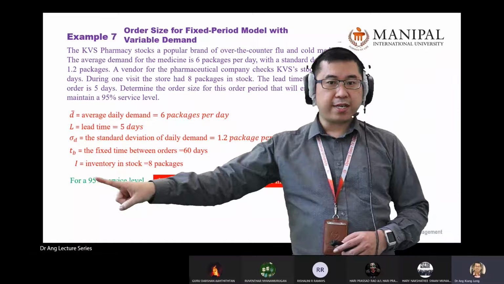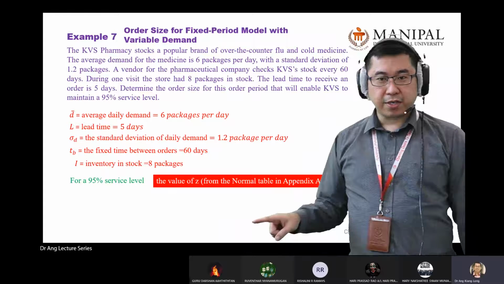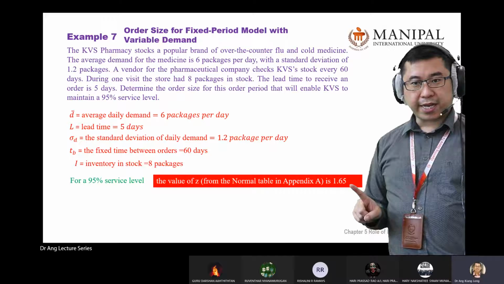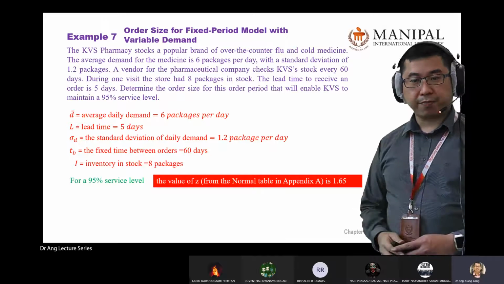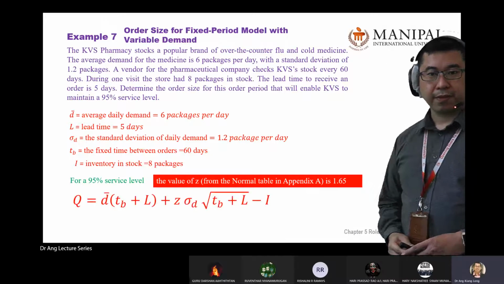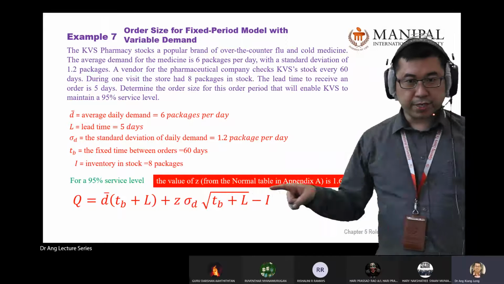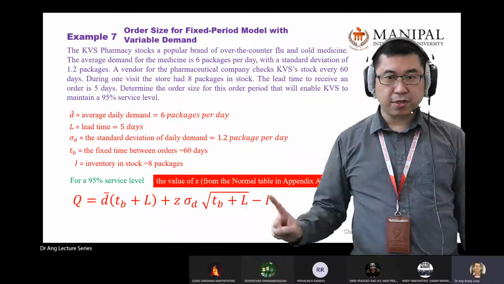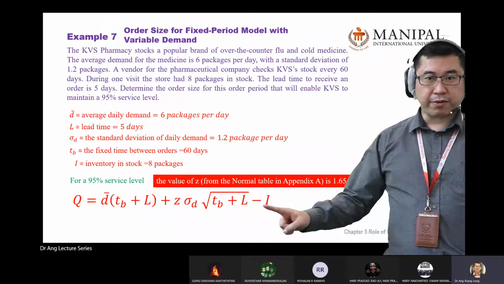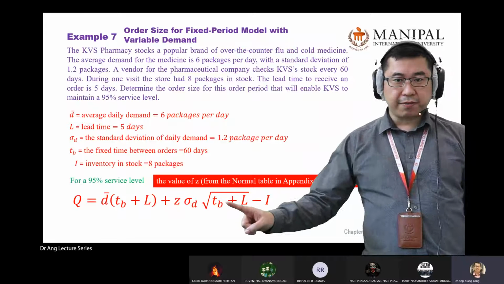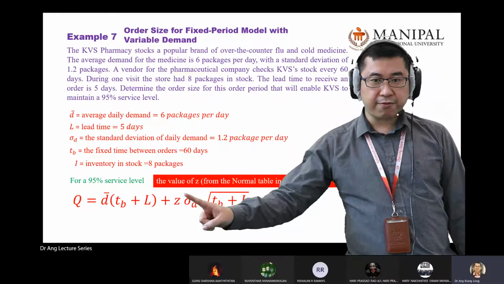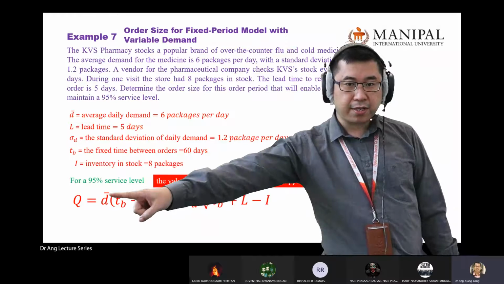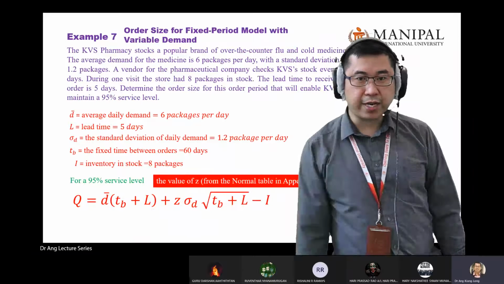For 95%, we already explained how to use Appendix A to find Z equal to 1.65 just now. And the equation that we just learned, Q equals this one plus the safety stocks minus inventory. L is given, TB is given, D dash is given. You manage to find the Q.